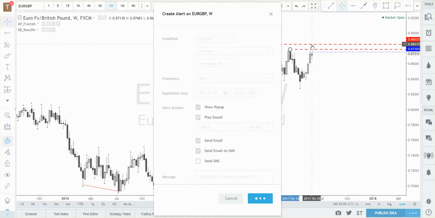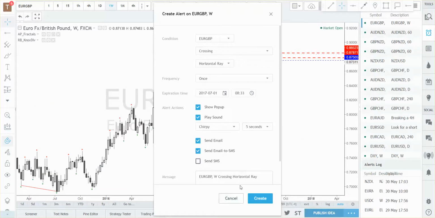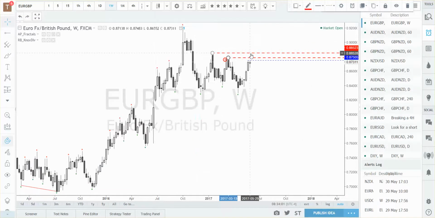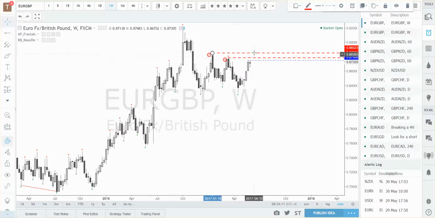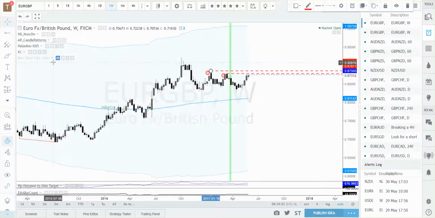I want to see price get up to these levels before I add any more trades. I'm interested in adding to the trade, but up here, okay? And at that point, we are going to have even more extension based on the EMA bar count.